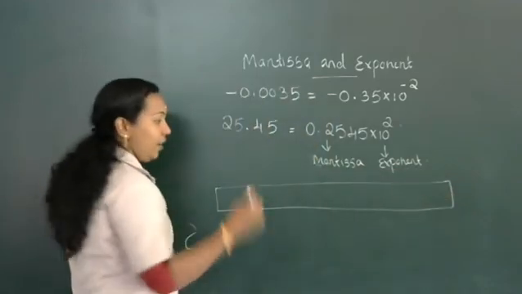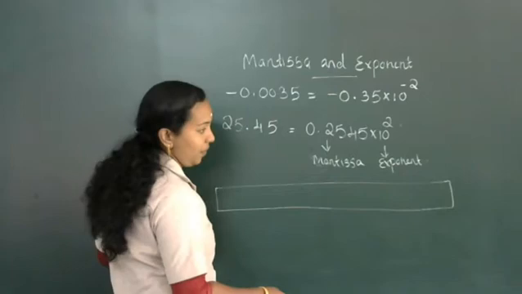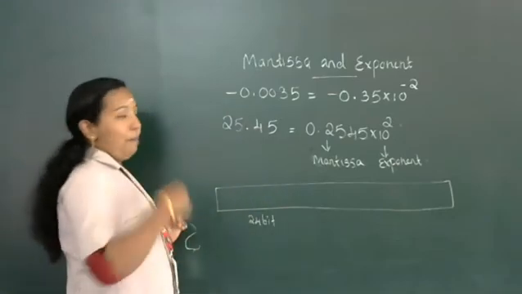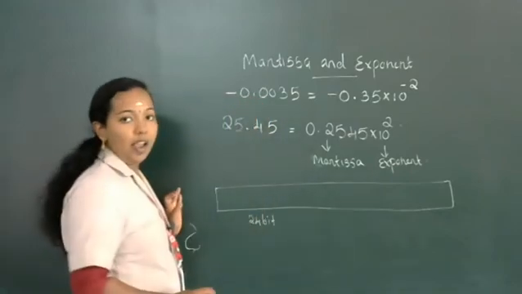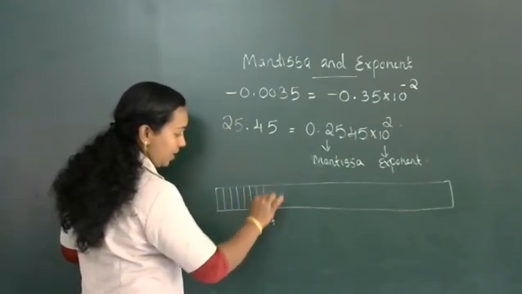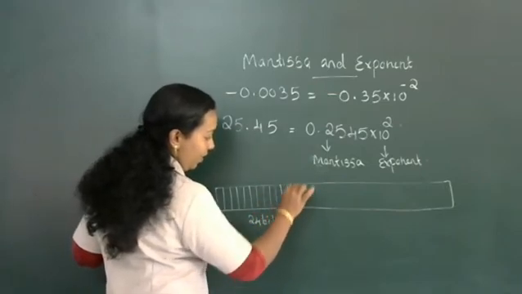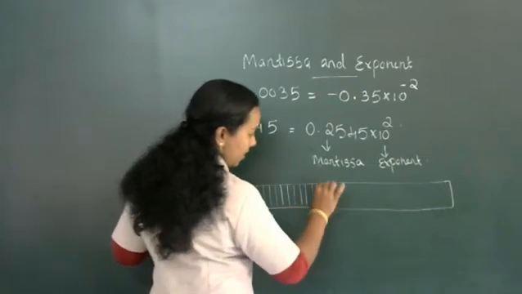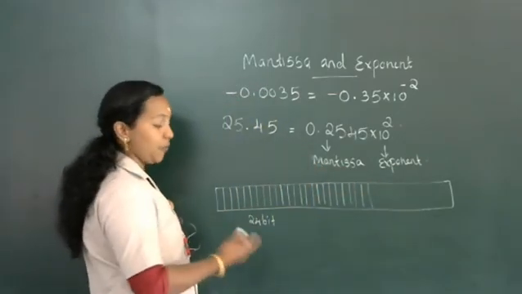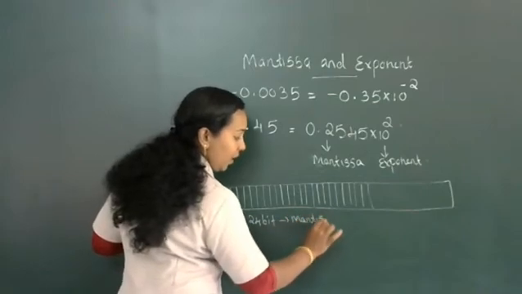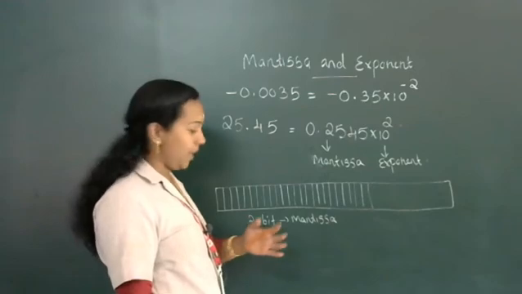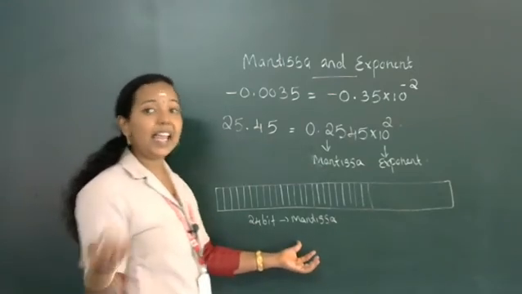We can draw a row like this, or different blocks. First you want to divide it into exponent and mantissa. 24 bits are required for the mantissa and 8 bits are required for the exponent. So 24 bits is for the mantissa, and of the 32 bits we use for representing a fractional number, the remaining 8 bits are for the exponent.